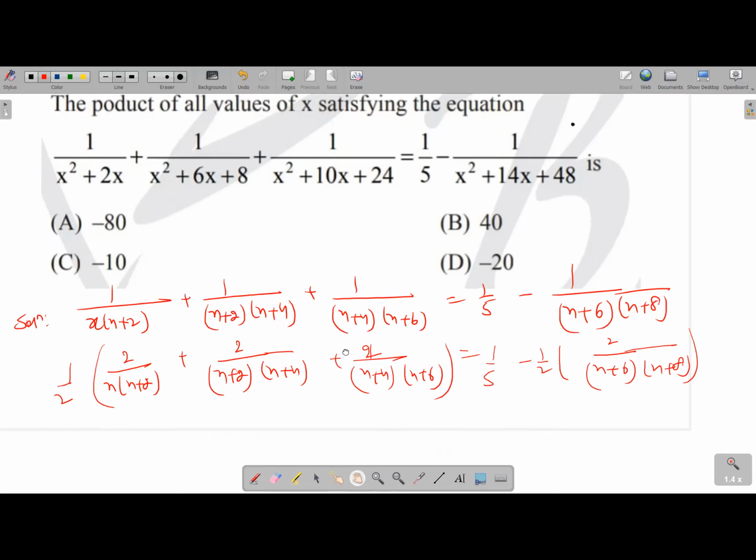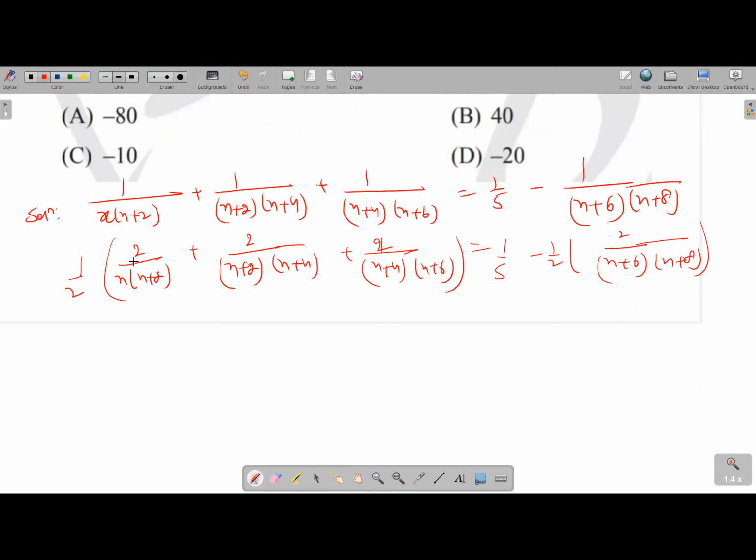Now write this 2 in this form, this 2 as x plus 2 minus x. Like this, in terms of what is given in the denominator, you have to write this 2. Again, this 2 can be written as x plus 4 minus x plus 2 upon x plus 2 into x plus 4, plus this 2 write as x plus 6.